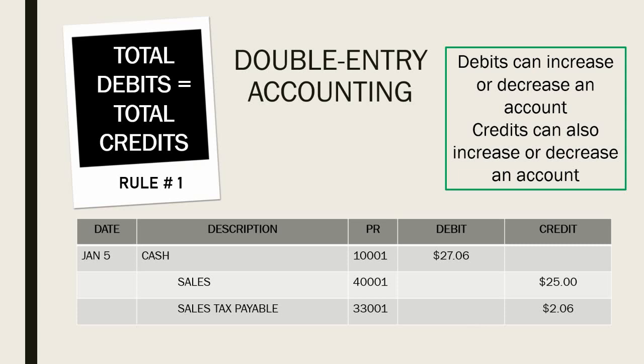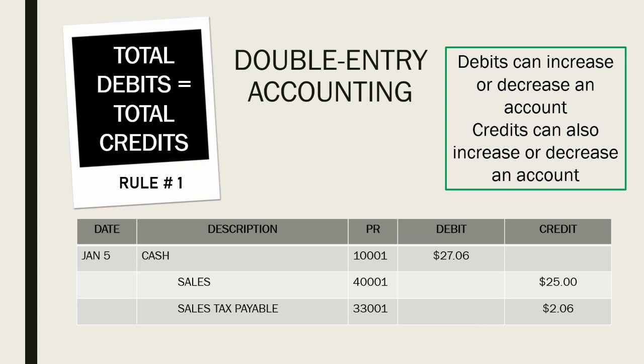Let's say I got it for $25. But I also have to include sales tax, which is separate, because this is not money that you generated. This is money that you collect on behalf of the government. And that total credit is going to equal a total cash of $27.06.